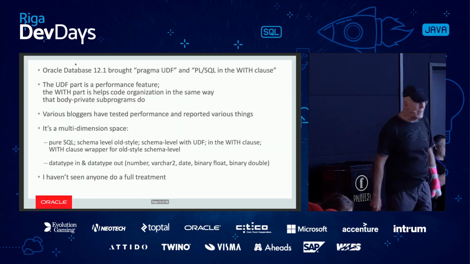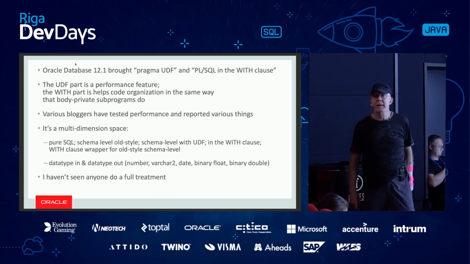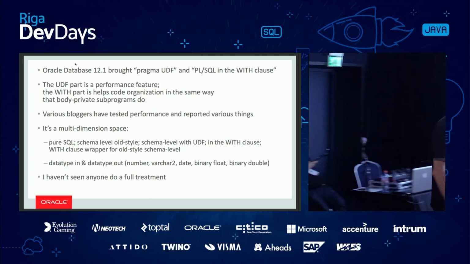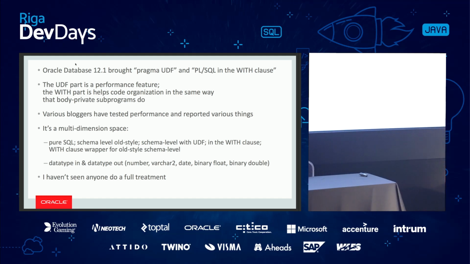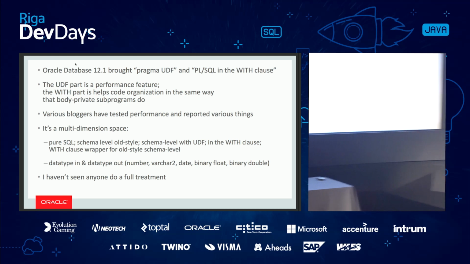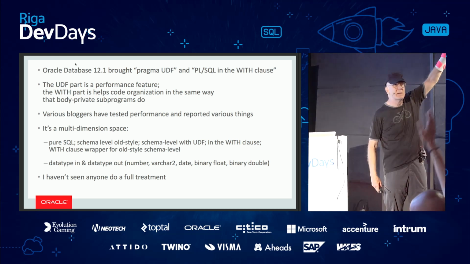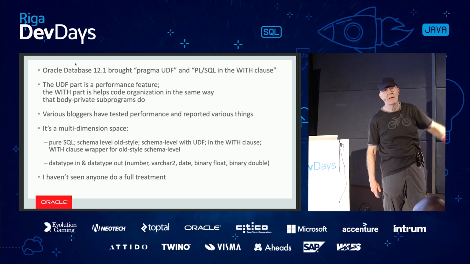The one I'm going to choose is a scheme. I could have picked many things, but it's easy to do an experiment with, and it brings out lots of points. Who has even heard of Pragma UDF? 2 or 3, okay.